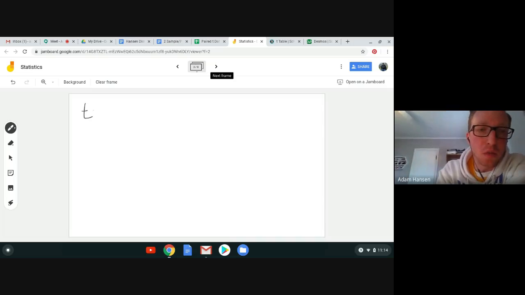And t equals, from our notes, d bar divided by s sub d over the square root of n.